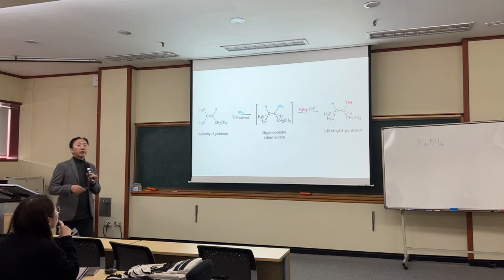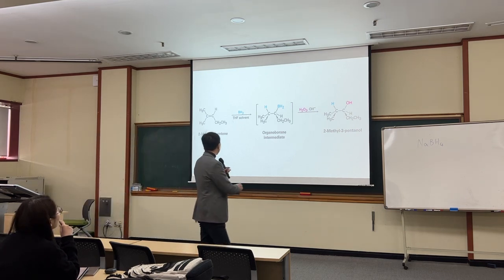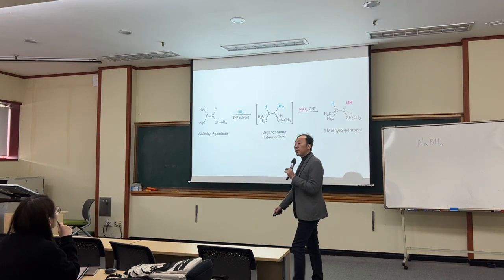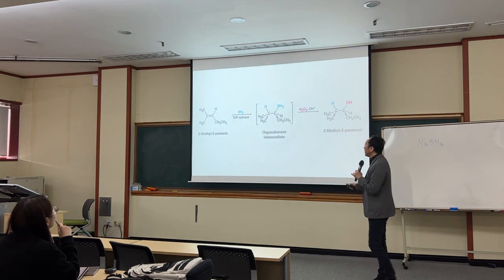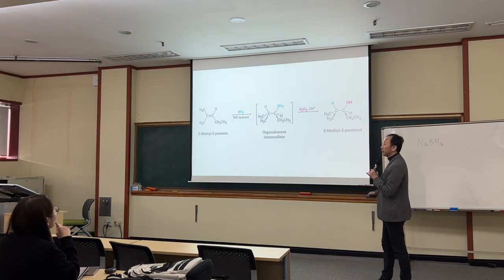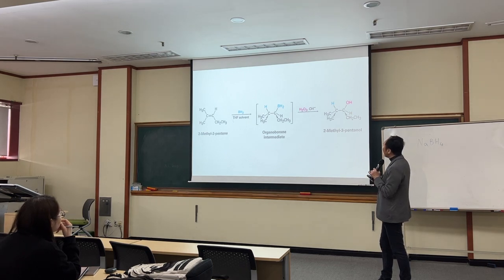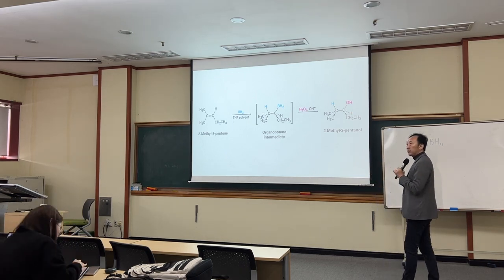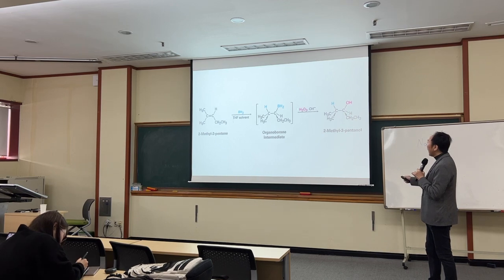Now here, instead of mercury, we add a boron reagent, BH3. Then this addition happens like this. And here, BH2 is added to the less substituted position, and on the more substituted position, H is added. And the workup is an oxidative workup.